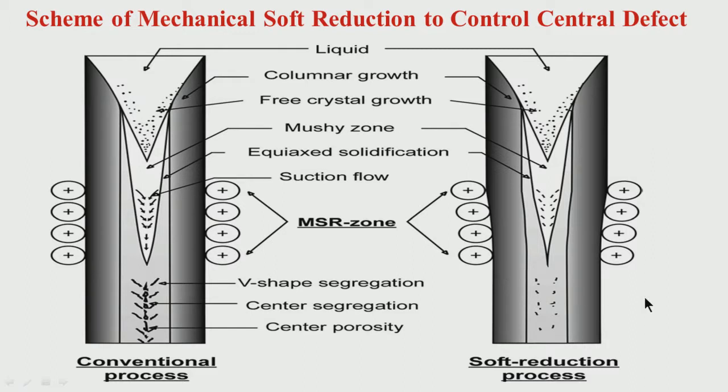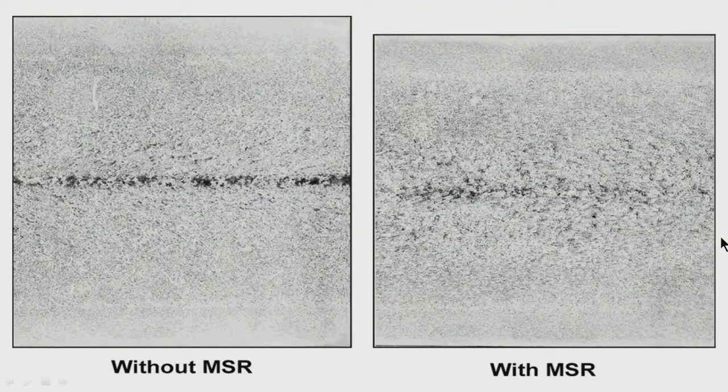So this is an important concept. Because of this, you get less segregation and less crack in the final central line or central area.